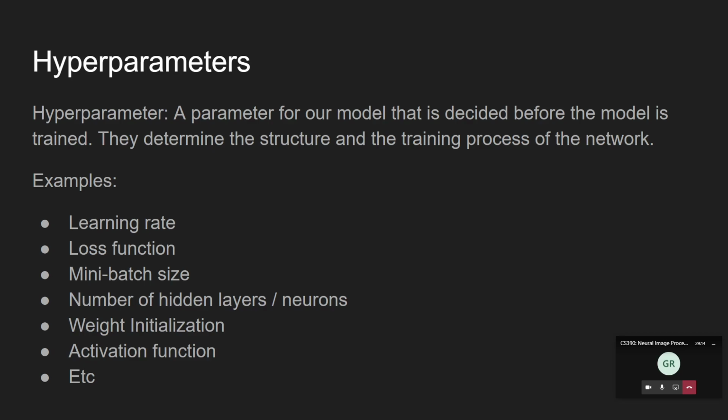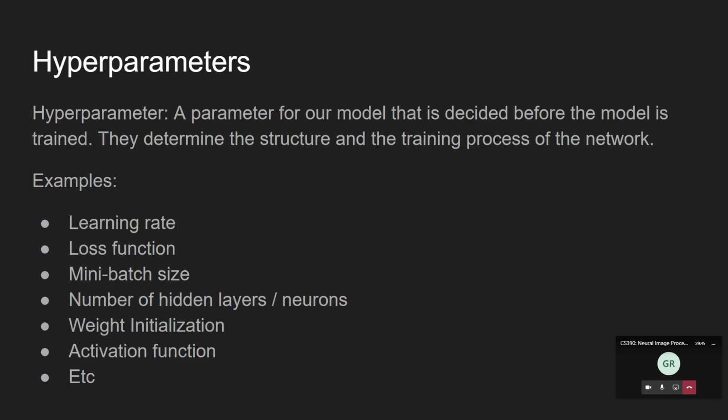But a hyperparameter is specifically one of these deciding factors of the model that we make up our mind about before we even start training. This is going to be something that either doesn't change or changes in a set way. It's not learned through backpropagation. It is going to help us determine the structure and the training process of the network.